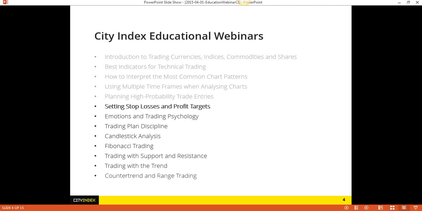Then we're going to talk about counter trend and range trading, because oftentimes you'll see markets that are range trading, or markets that have reached extremes, and you're looking for turns in those markets. We're going to be talking about all of that in the next several weeks, and this is going to keep going on an ongoing basis with different topics.